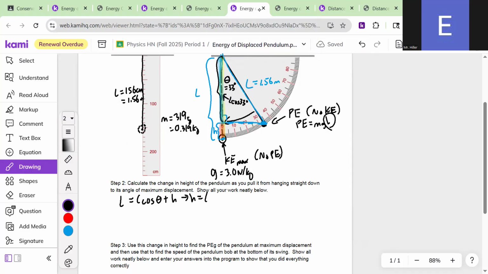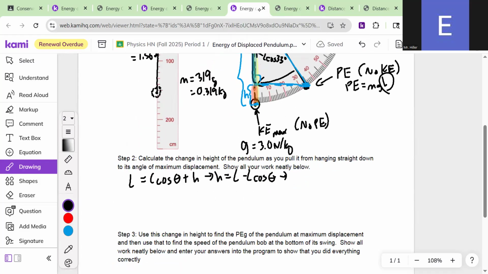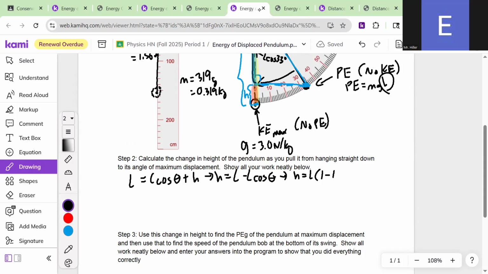So the height would be L minus L cosine theta. At this point, I would even go so far as to factor out an L. That'll make the problem solving that much quicker. If I factor out an L, then height equals L times the quantity 1 minus cosine theta. So that's going to be our height. It's going to be the length times 1 minus the cosine of the angle. That's how we're going to figure out the height.